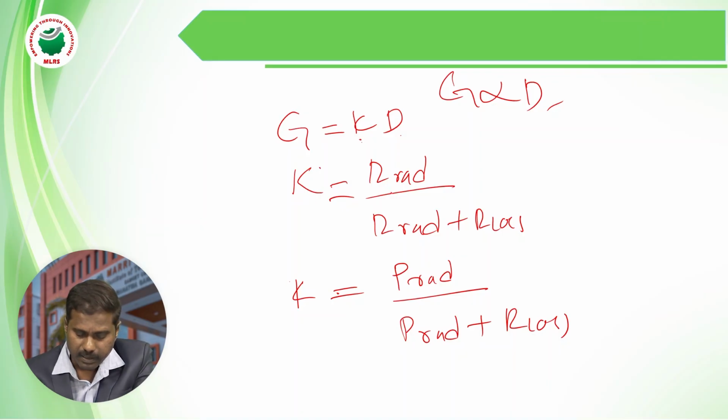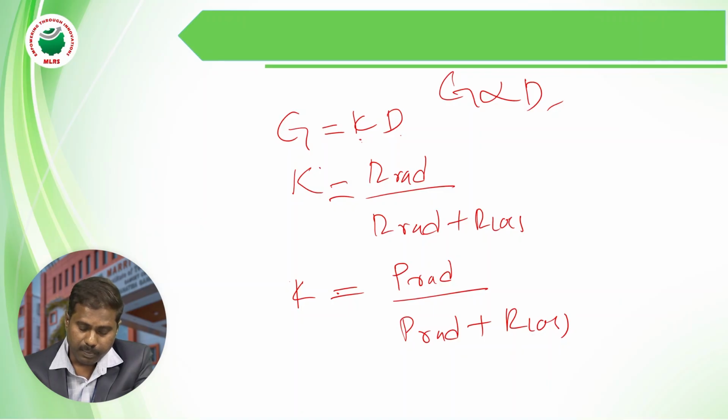K is the radiation resistance divided by radiation resistance plus R loss. I already discussed the resistive nature of the element, that is radiation resistance and radiation loss. When we know these two, we can calculate the efficiency of the antenna.